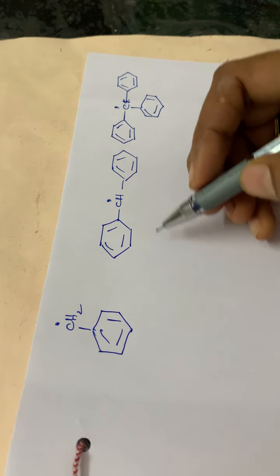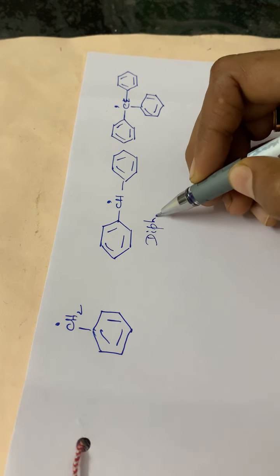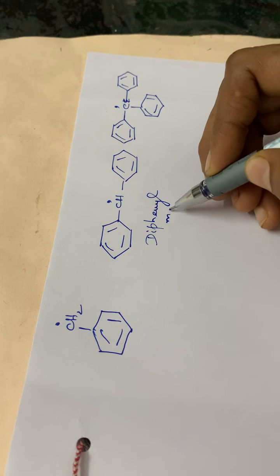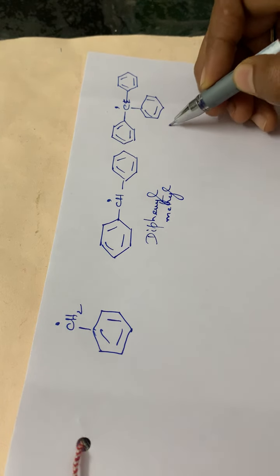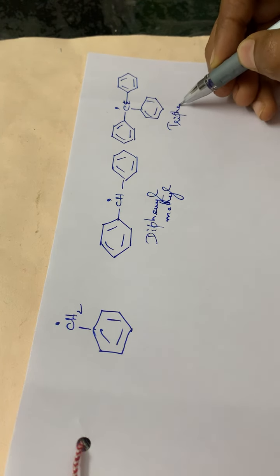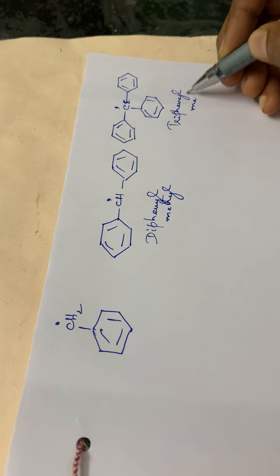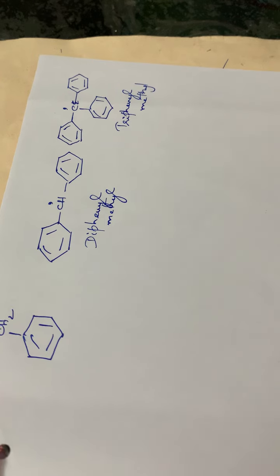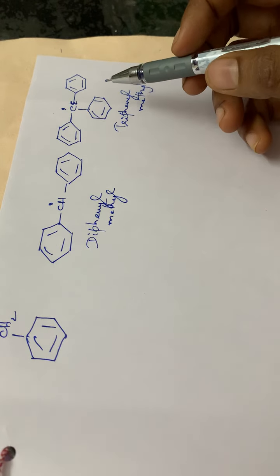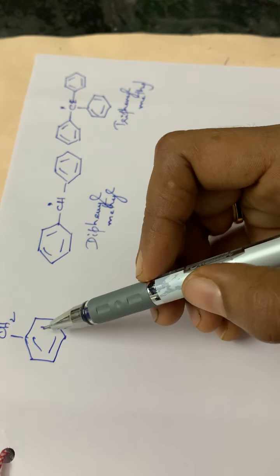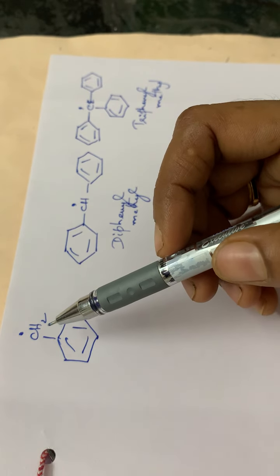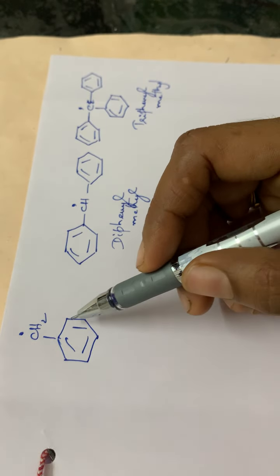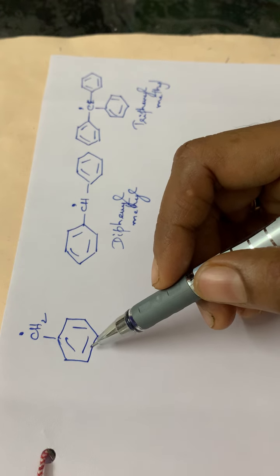Triphenyl methyl, this is diphenyl methyl, then this is triphenyl methyl. So which one will be having greater stability while comparing all these 3? See, in the first case, the delocalization of this electron will be taking place in a single benzene ring, isn't it?